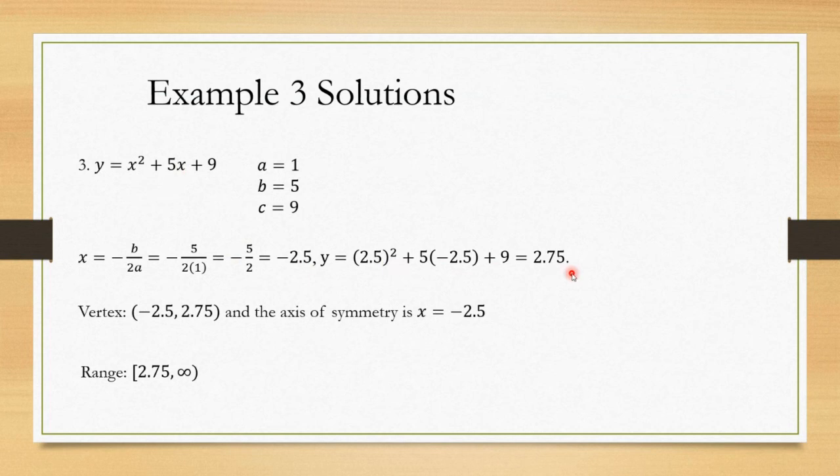We get this, as you can see. From here, we get our vertex: x coordinate, y coordinate, axis of symmetry. And again, A is positive. So the range here is this.